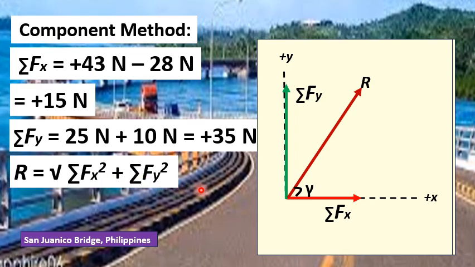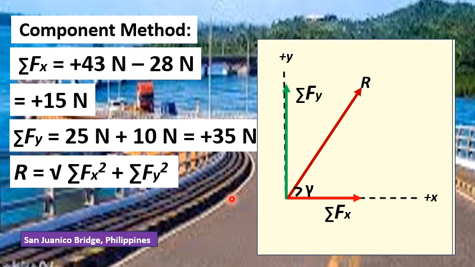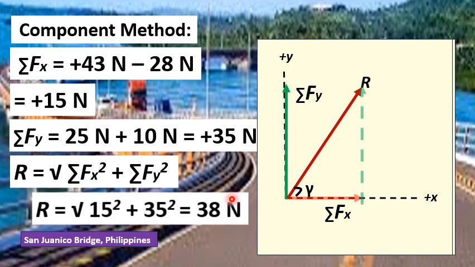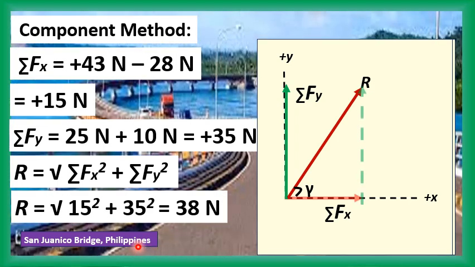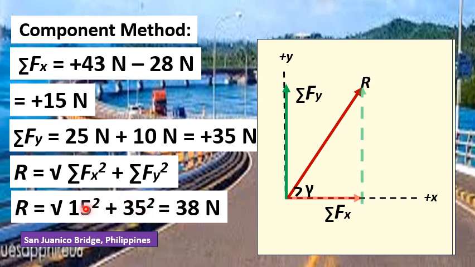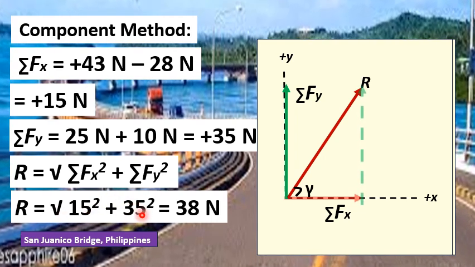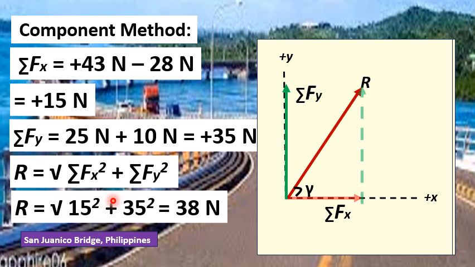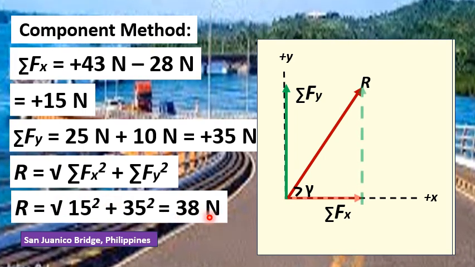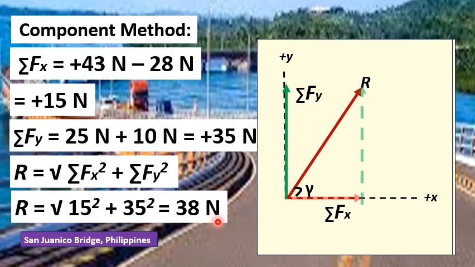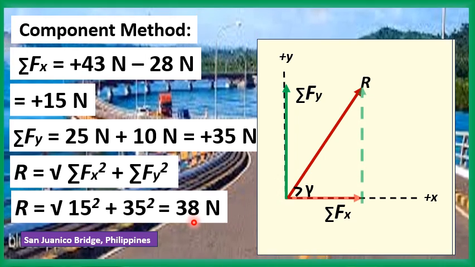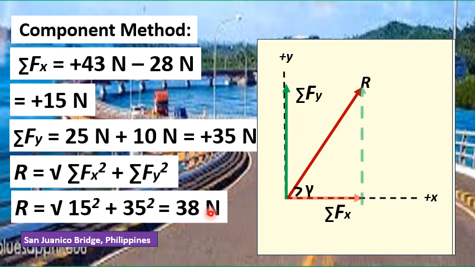So substituting the values of summation of Fx and summation of Fy and getting their square values, then adding them and finally getting the square root, we will get 38 newtons as the magnitude of the resultant force, big R.